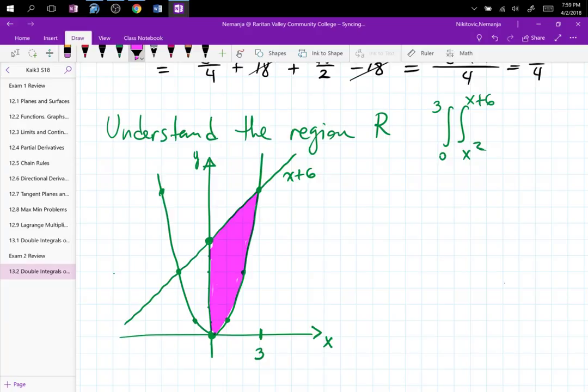The XY plane is the floor. So the base of your object will have this shape, and then the walls of the object will rise straight up, and then the top will be curved in whatever way f of xy curves. So that's what we have now.